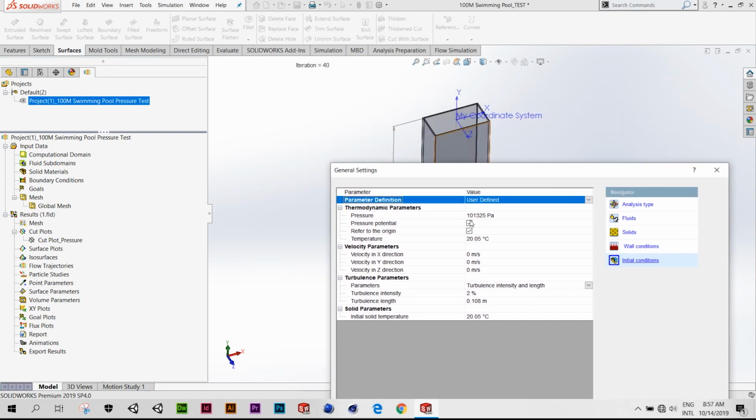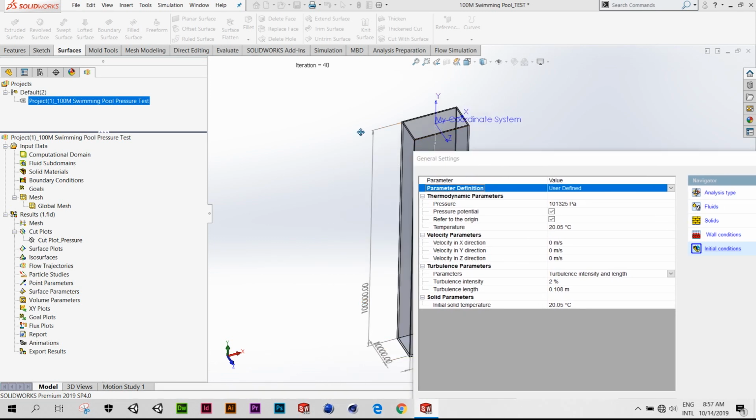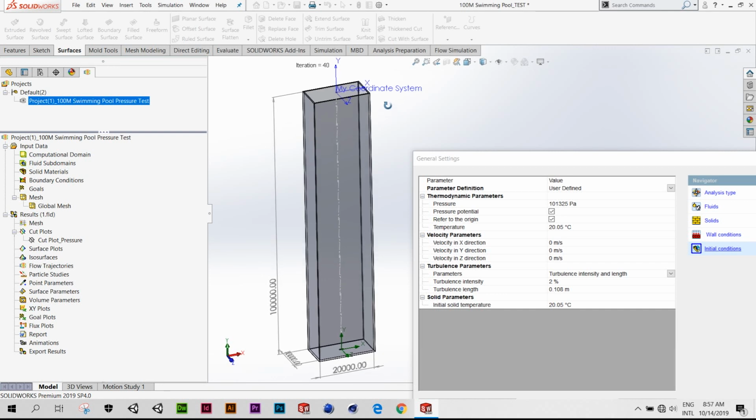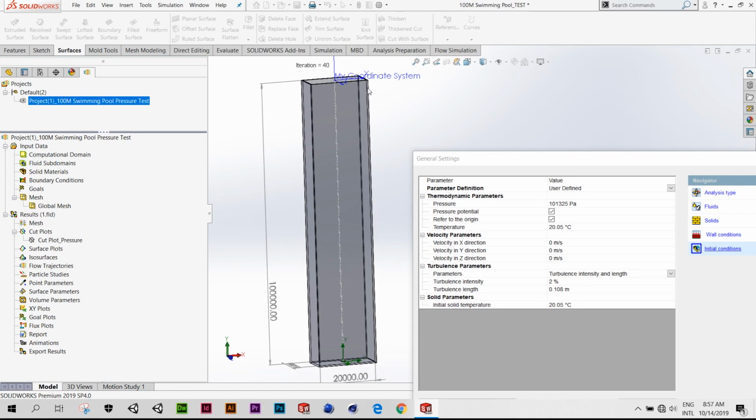You really need to check this one, because we will be testing here. If you are doing water testing for hydrostatic pressure, you need to make sure that the coordinate system is at the top level of the water, where it starts.